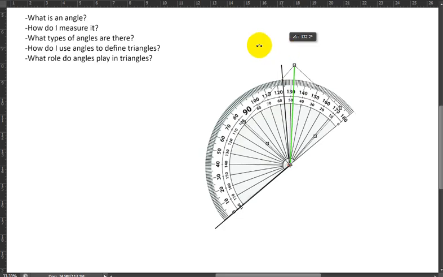You shouldn't go to 130. So we'd go to 120, right? And then we'd say 121, 122, 123, 124. So I would say that this angle is 124 degrees.